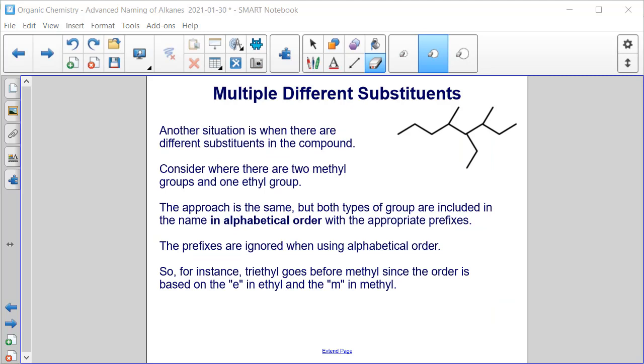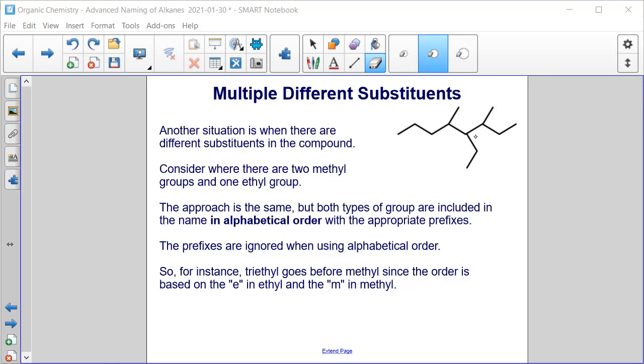Another situation that can occur is when there are different substituents on the compound. So let's consider where there are 2 methyl groups. So this has a methyl group here, a methyl group here, and 1 ethyl group here. The approach is the same, but both types of groups are included in the name in alphabetical order.